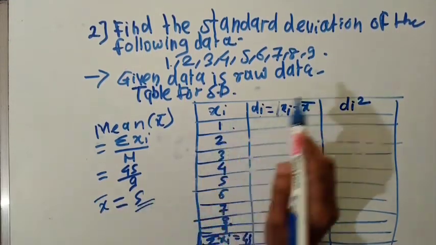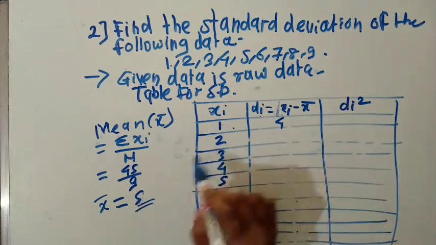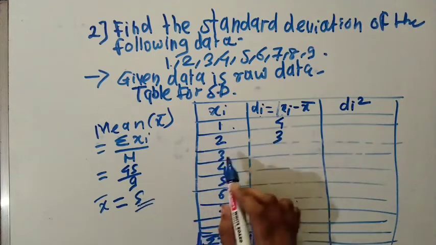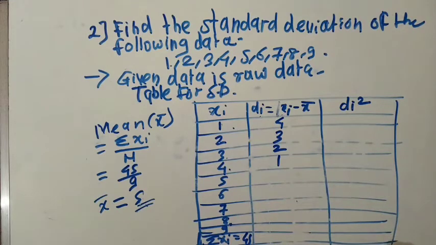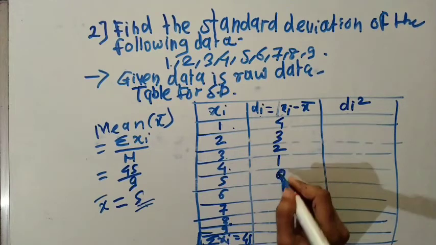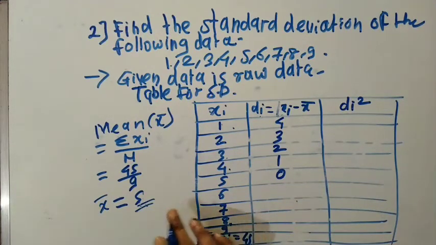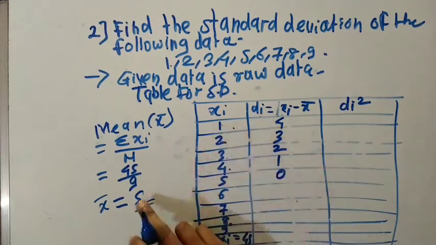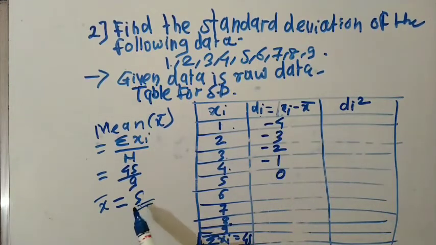So xi minus x bar: 1 minus 5 is 4, 2 minus 5 is 3, 3 minus 5 is 2, 4 minus 5 is 1, 5 minus 5 is 0.